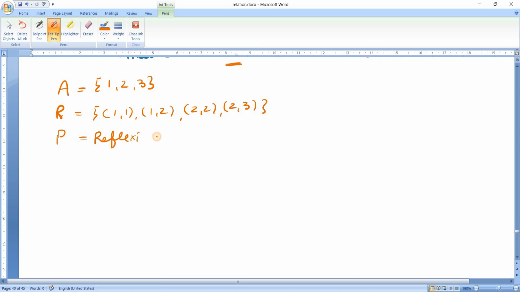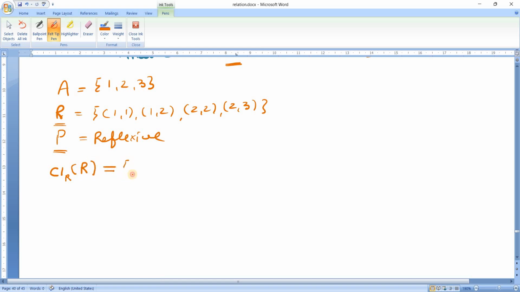Then a relation which will contain this R and which will also contain this property P will be the closure of R. So let's see what will be the example of closure. Here this is CL, and as the property is reflexive, we will write R for reflexive, and this R is for relation.